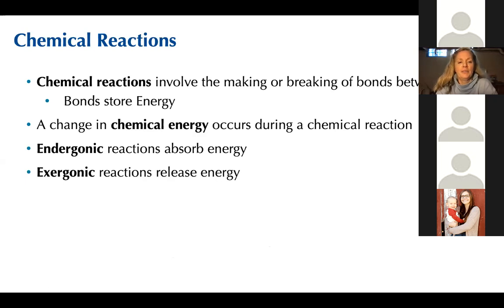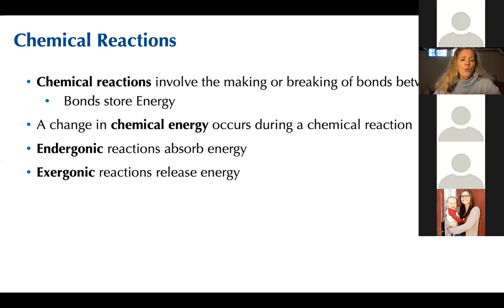So now we're going to make some chemical reactions. When we do chemical reactions, we're going to have a change in chemical energy occurring as atoms and molecules form compounds and swap partners and all that. Our bonds are storing energy. So a single bond, when we look at covalent bonds, stores less energy than a double bond, than a triple bond.